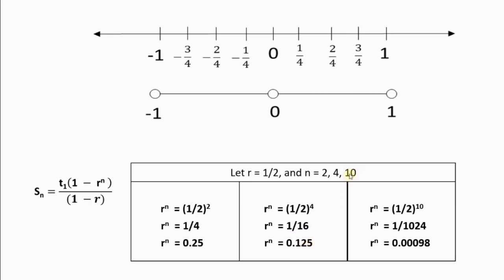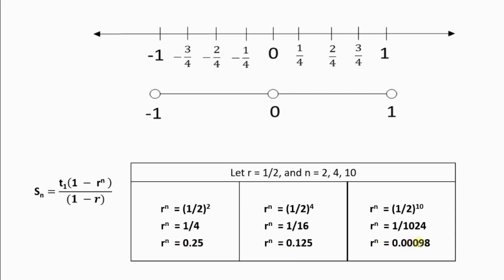If we increase it to 10, we have 1 over 2 to the 10th power, which is 1 over 1024, which is 0.00098.